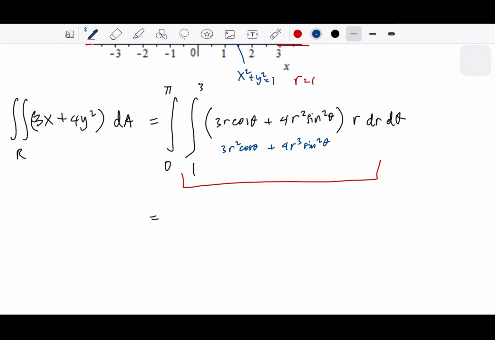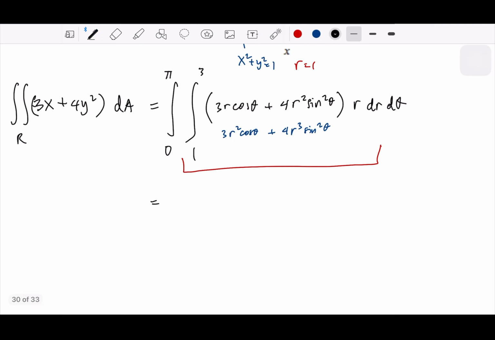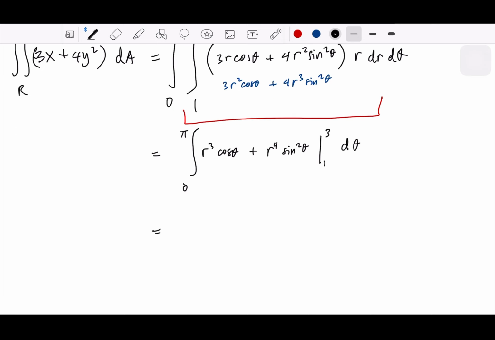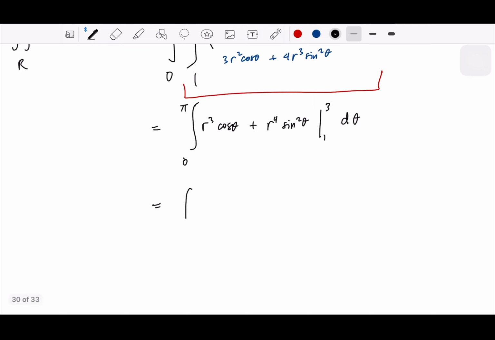We can integrate with respect to r, so this will be r cubed cos theta, and this will be r to the 4th sine squared theta from 1 to 3. Still we have the integration from 0 to pi, and then the d theta. Now next we put in the numbers. 27 minus 1 is 26.